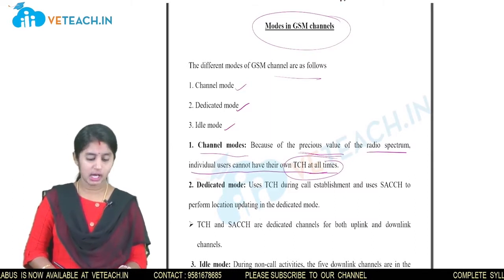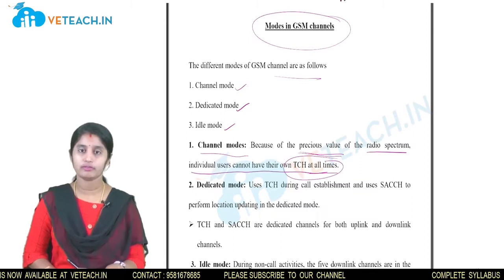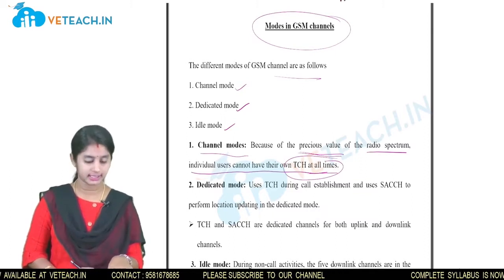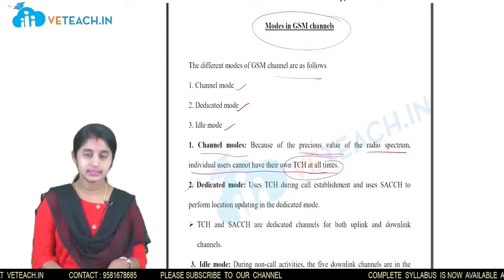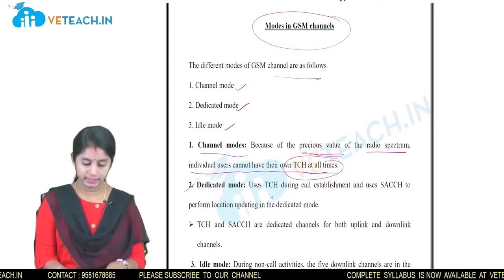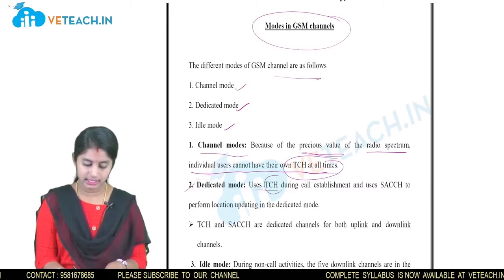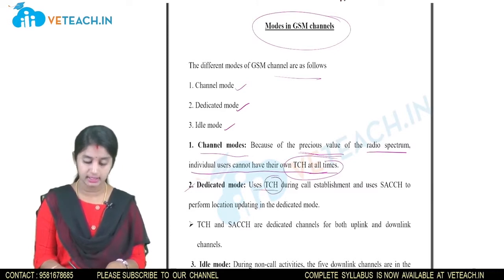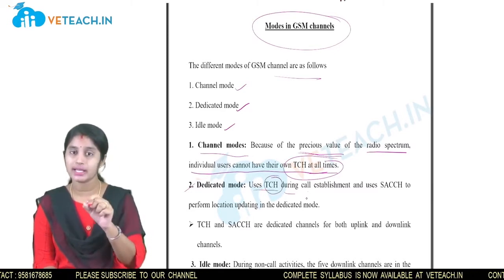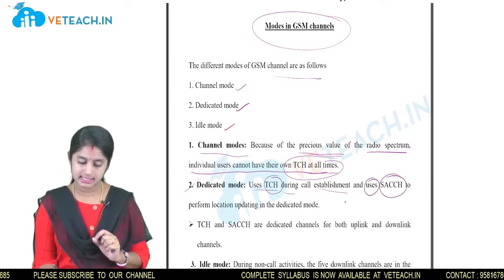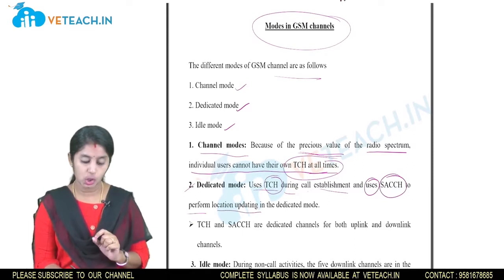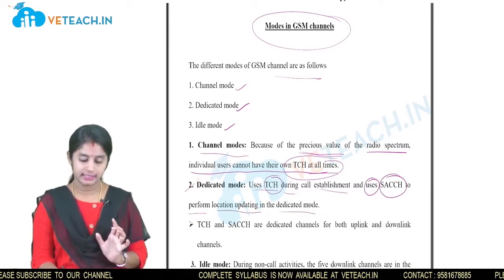Now the second mode of GSM channels is the dedicated mode. This mode uses TCH, that means the transmission channel, during each call establishment, and it uses SACCH to perform local updating in the dedicated mode.